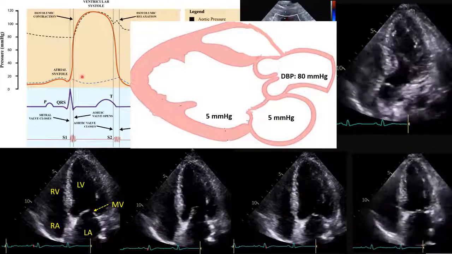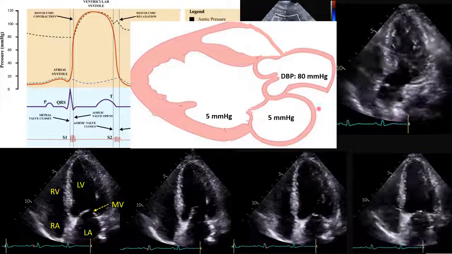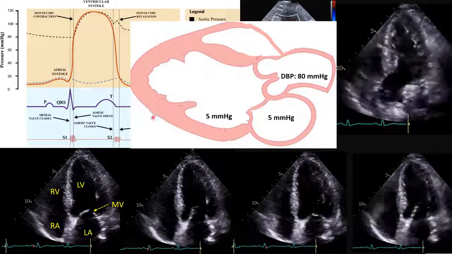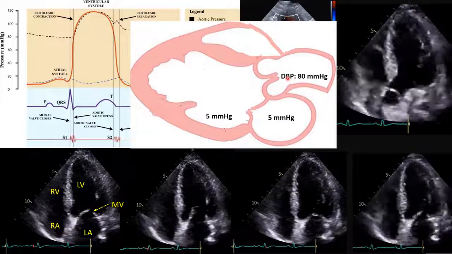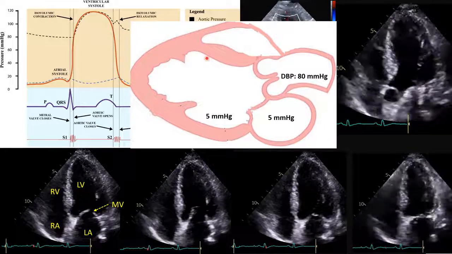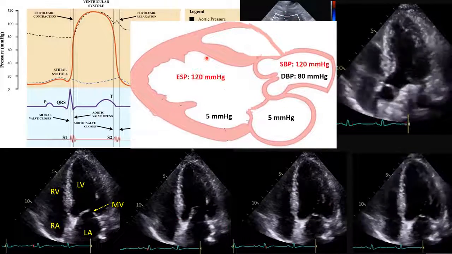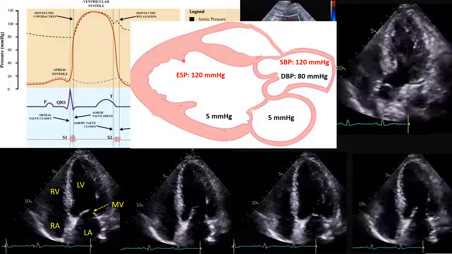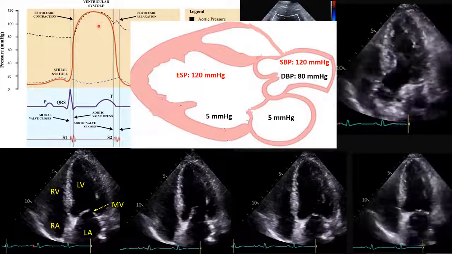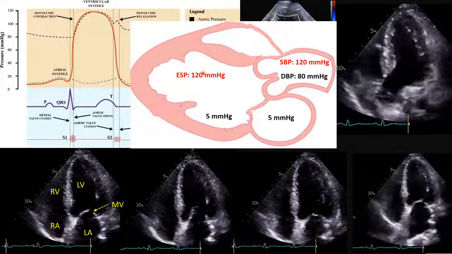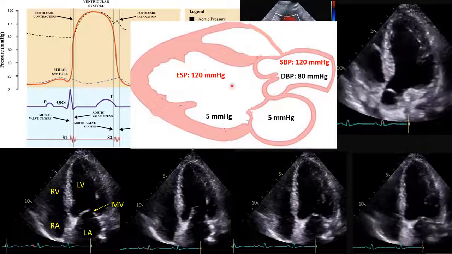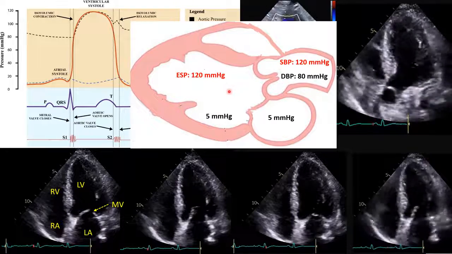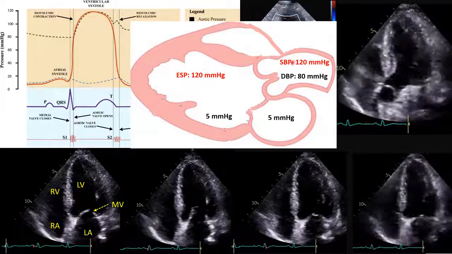On echo we can detect it by Doppler, which I am going to explain shortly. With the opening of the aortic valve, blood starts going into the aorta and pressure increases to the maximum contractility of the left ventricle, which in a normal person is about 120 millimeters of mercury, the systolic blood pressure.